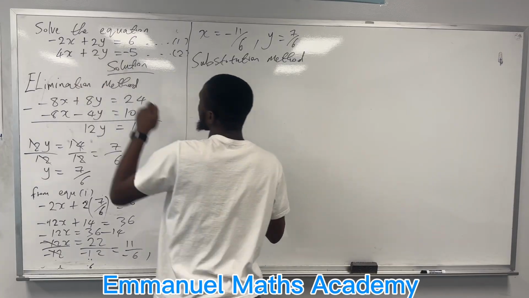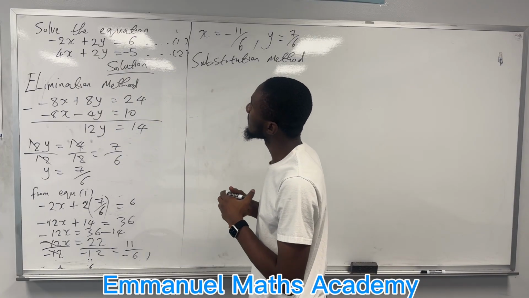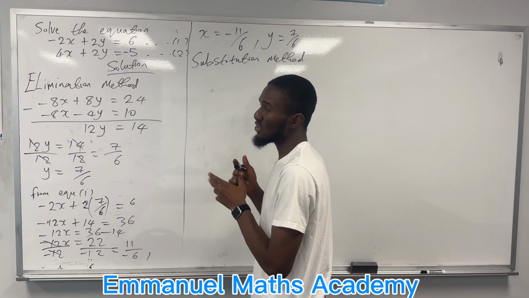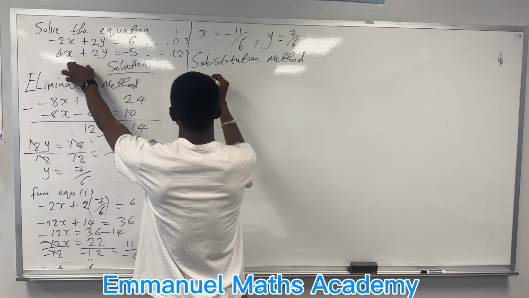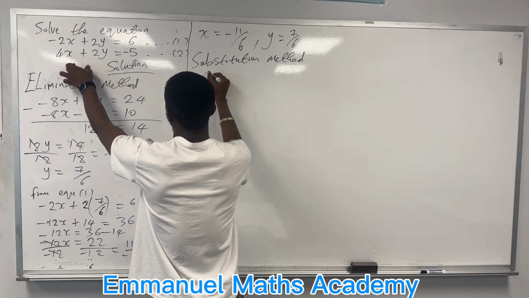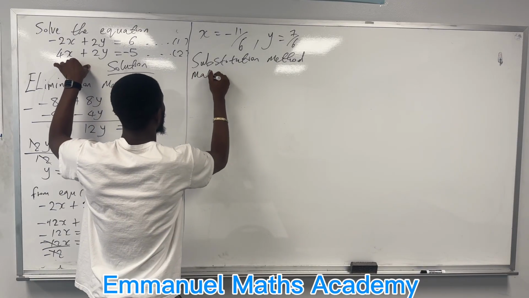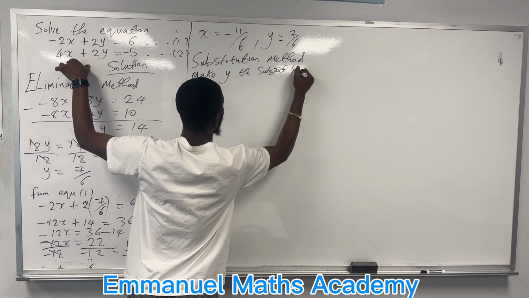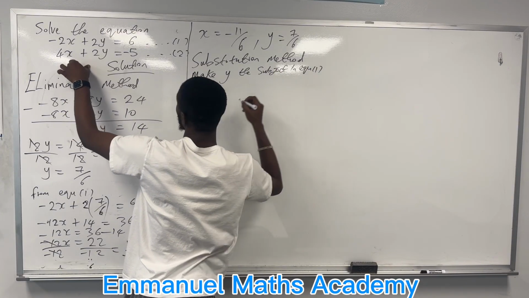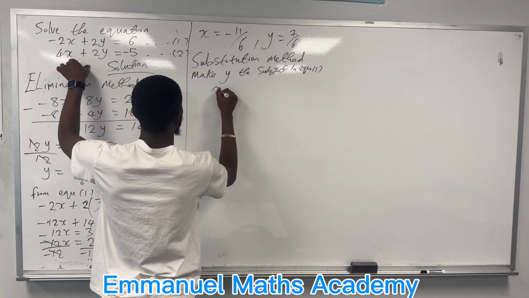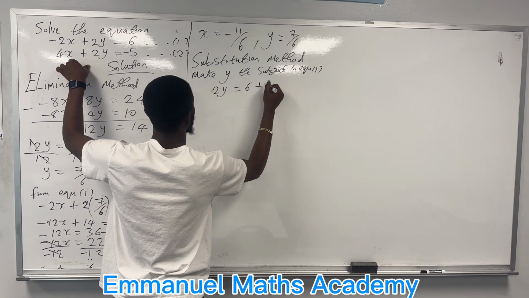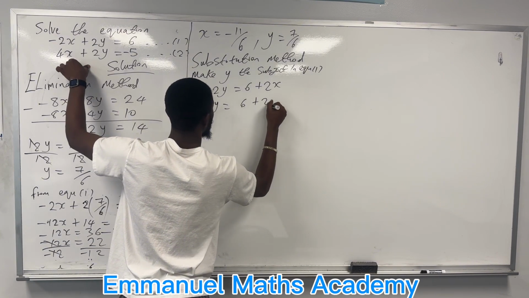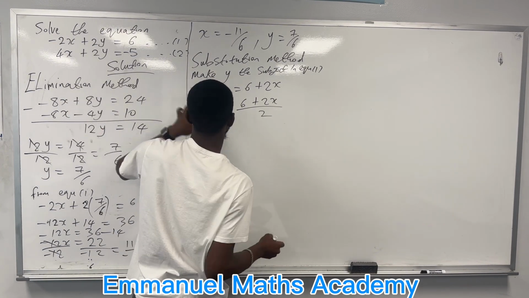So from this, you make y the subject in equation 1. Hence you have 2y is equal to 6 plus 2x, then y is equal to 6 plus 2x over 2.